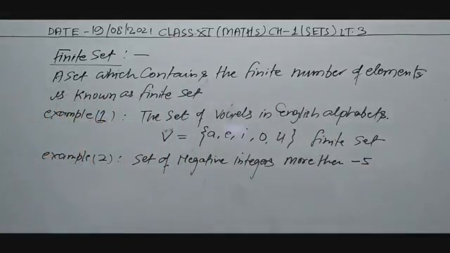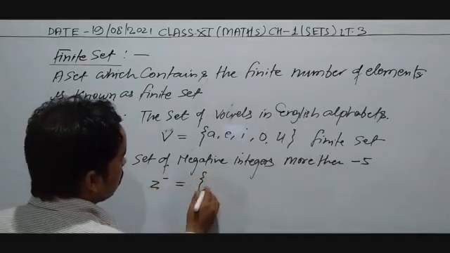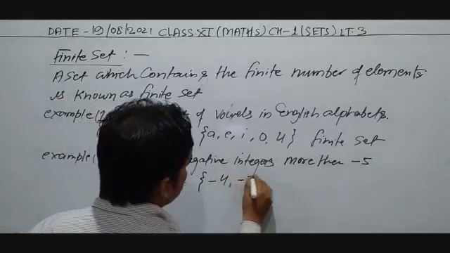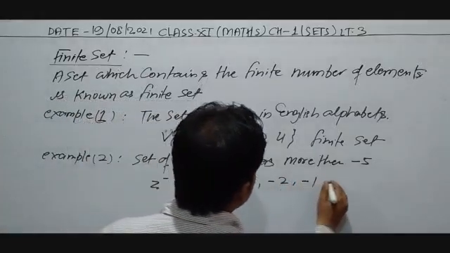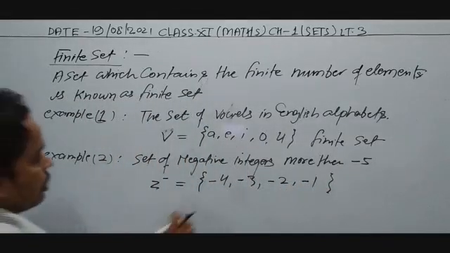I am writing here, more than -5 means -4, -3, -2, -1. Now this is countable and this is finite.